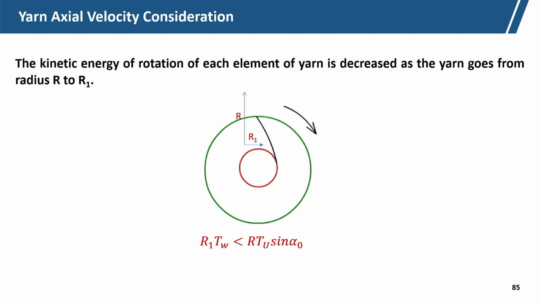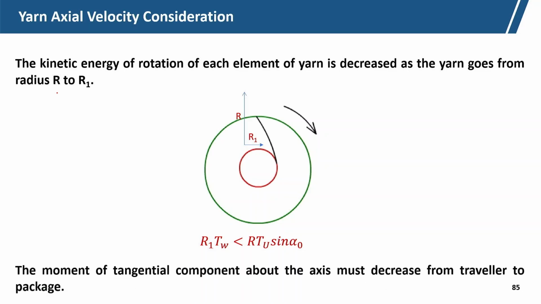When axial velocity is considered, the kinetic energy of rotation of each element of the ion is decreased as the ion goes from radius R to r 1. The moment of the tangential component about the axis must decrease from the traveler to the package.